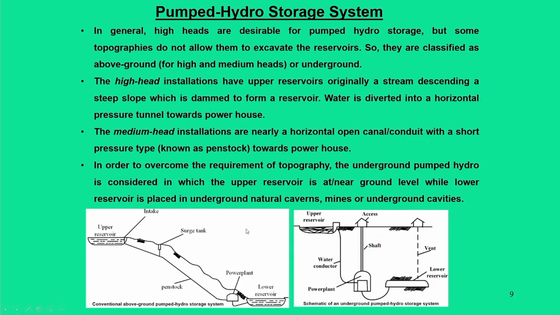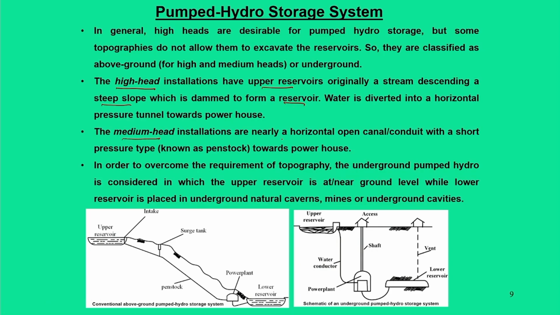Now, next is to give more insight into pumped hydro storage systems. We can have high head installations, in which the upper reservoir and lower reservoir have a steep slope. Another case can be medium head installations.